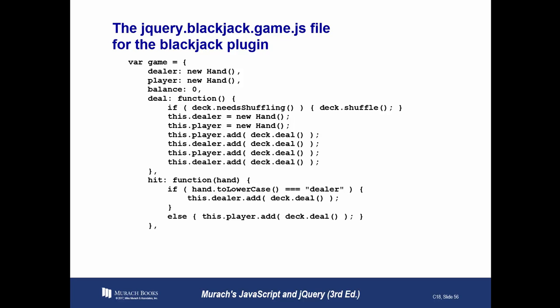The dealer and player properties contain instances of the current hand or hands object, while the balance is a numeric value that keeps track of the player's current balance. And again, it works very similar to what you would play in real Blackjack. There's a deal method, a hit method, a playerWins method, a dealerWins method, and an updateBalance method.